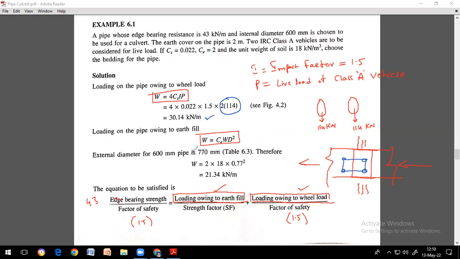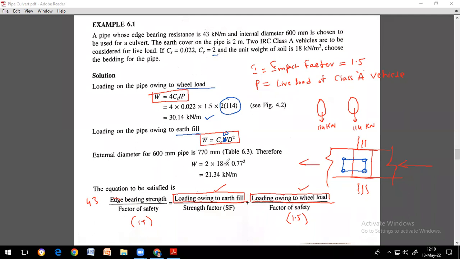And next immediately calculate load due to the earth fill. This is due to the wheel load and this is due to the earth fill. Formula is W is equal to CE, this is not capital W, this is a small w, small w capital D square. As I told you, CE value is also given as 2.